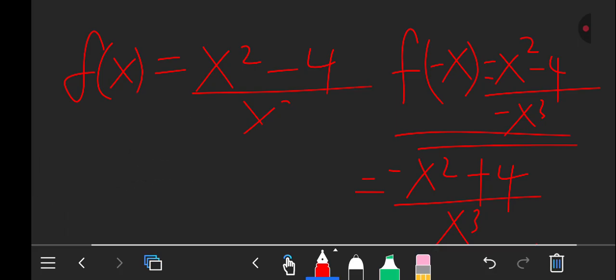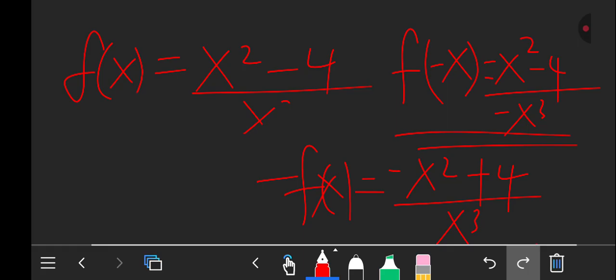Okay, this is what we found for negative f of x, but we can do some manipulation here. Let's manipulate this f of negative x to see what it will give us. We don't write the negative in the denominator, so let's try to manipulate it.